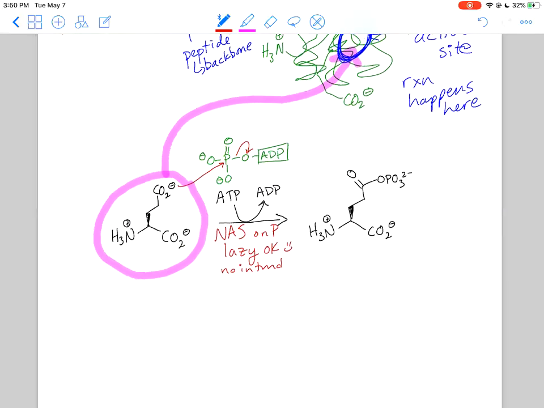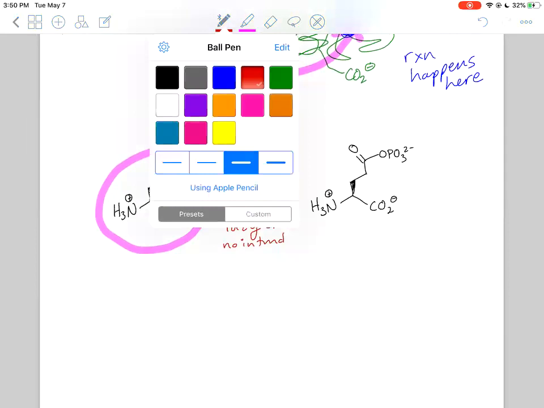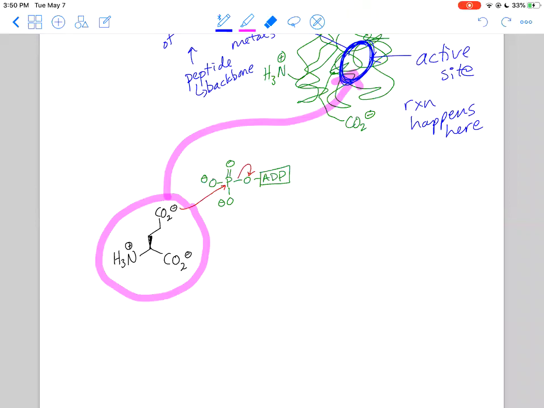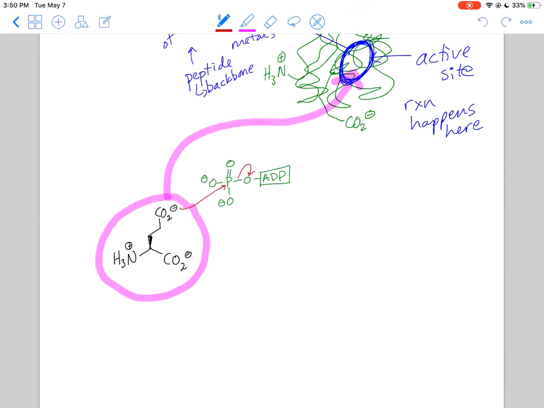So let's move on down here a little bit and show a little more specifically what the enzyme active site might be. I'm going to erase all this business here so we just show what matters. Within this enzyme active site, we have sort of a set of string lights, if you will.